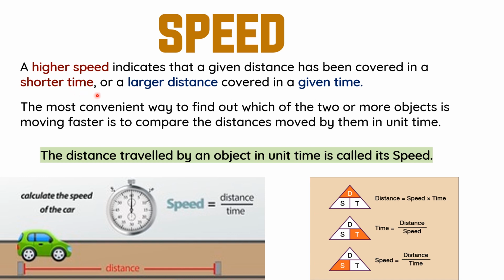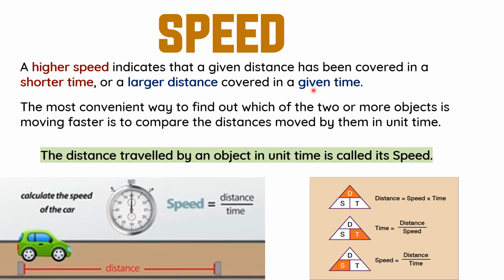Then see the second way: a larger distance covered in a given time. Here we give a particular time to complete the distance. For example, if we give 15 minutes, the car that has covered the larger distance in these 15 minutes has the higher speed.